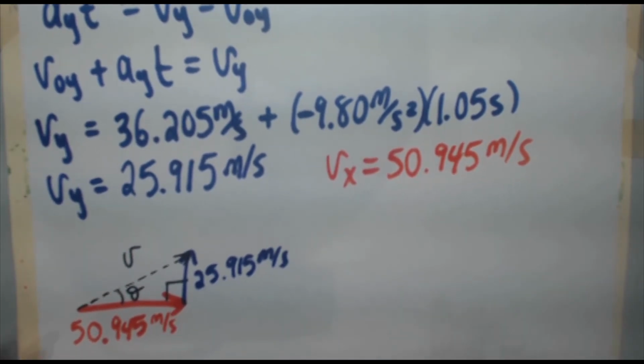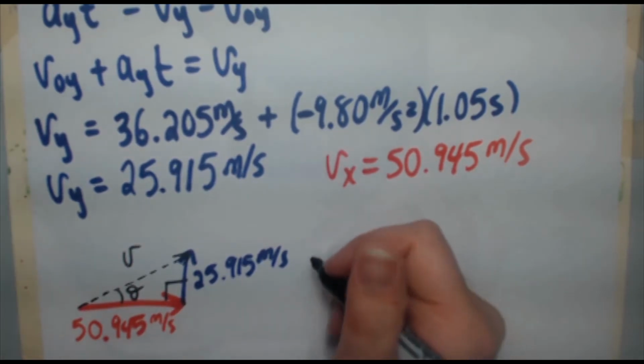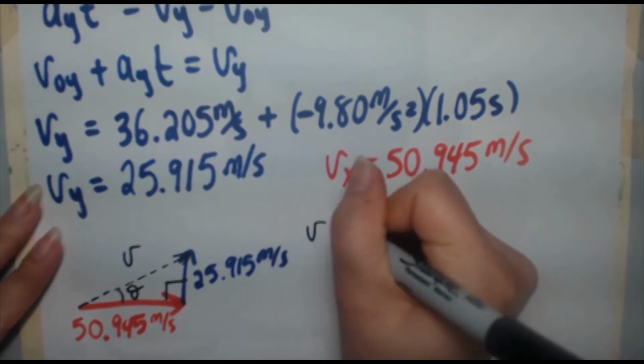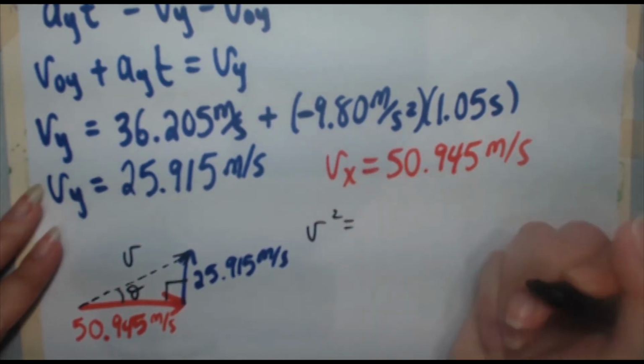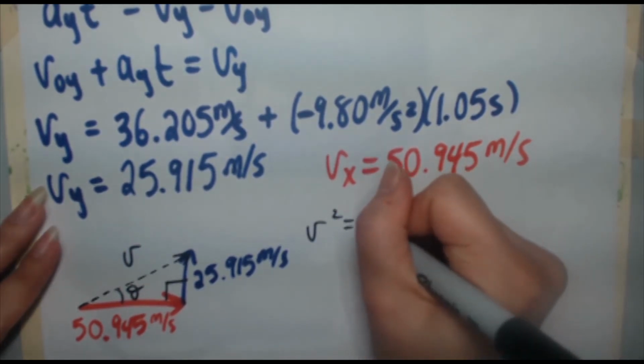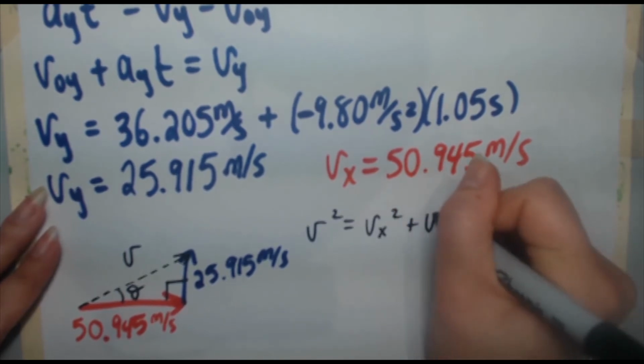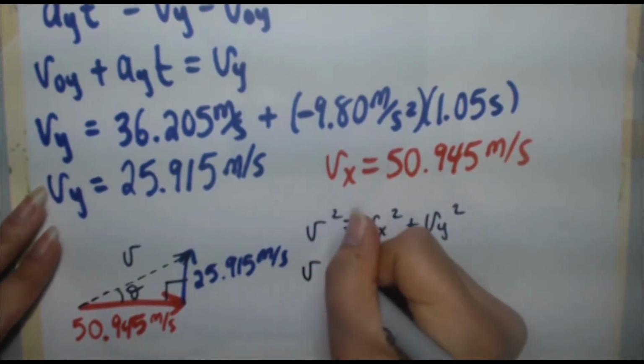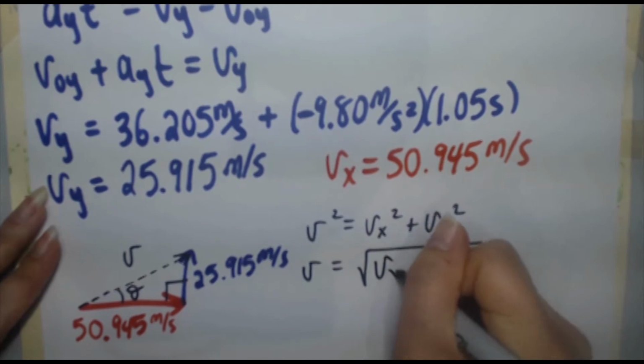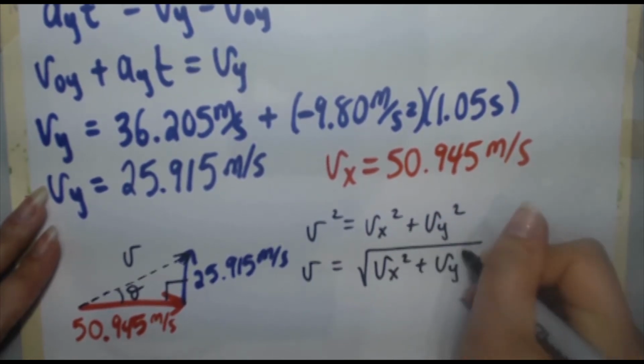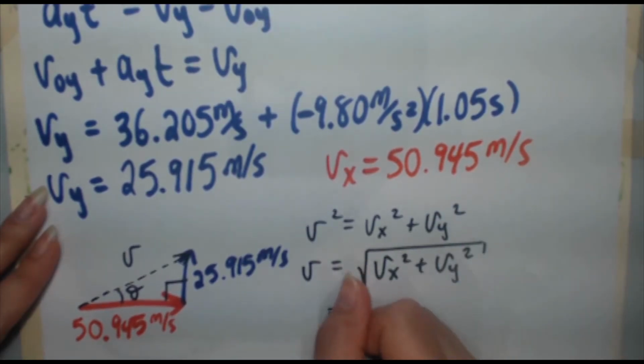So you probably saw this in previous videos. We have a right angle triangle. We know two sides, and they're both not the hypotenuse. So the way in which you determine this is the Pythagorean theorem. Okay, v squared is equal to vx squared plus vy squared. So v is equal to the square root of vx squared plus vy squared. Plug it in.